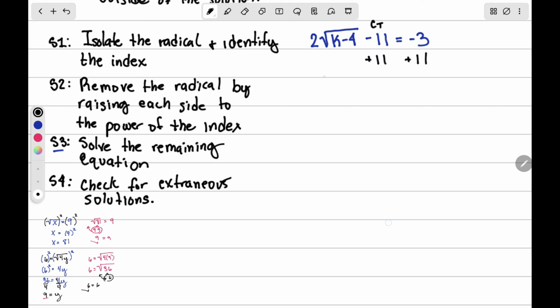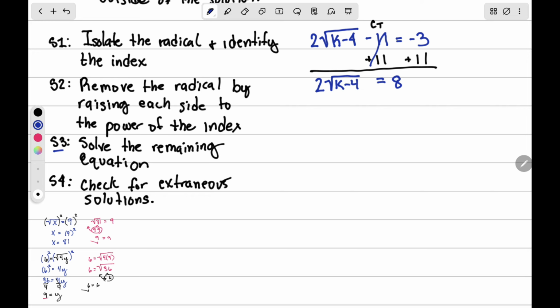All right, we'll bring all this down. 2 square root of k minus 4, the 11's cancel out, is equal to 8.